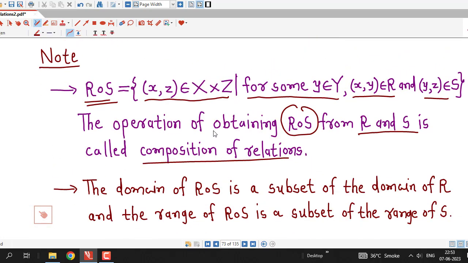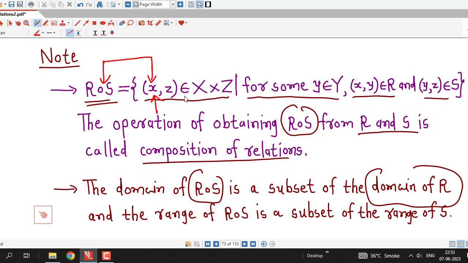The domain of R composite S is a subset of the domain of R. Domain means the set of all those elements which are first elements in the ordered pairs belonging to a given relation. So here we can see first elements are nothing but members of relation R. Therefore domain of R composite S is a subset of the domain of R, and range of a relation is nothing but all those members which are second components in the relation.